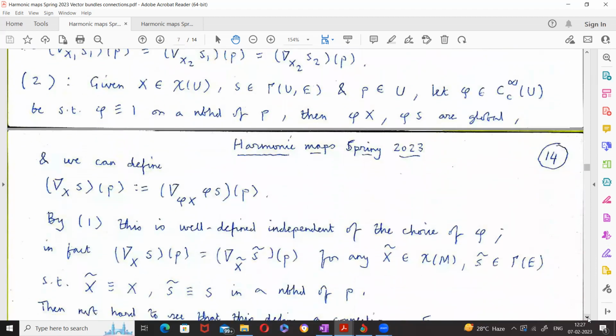Once we have this, then we can define the connection on any open set.